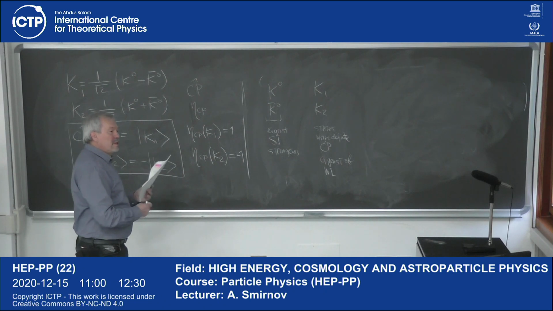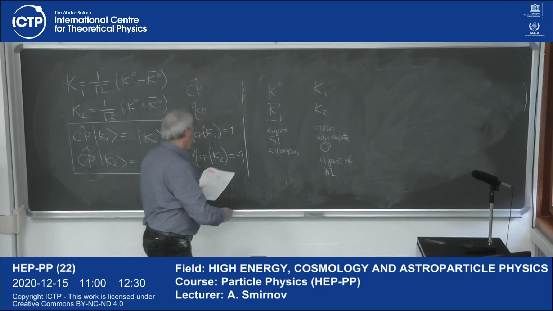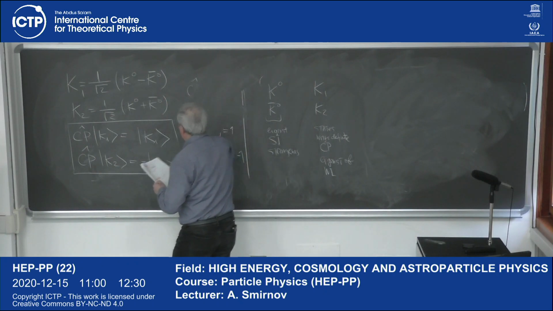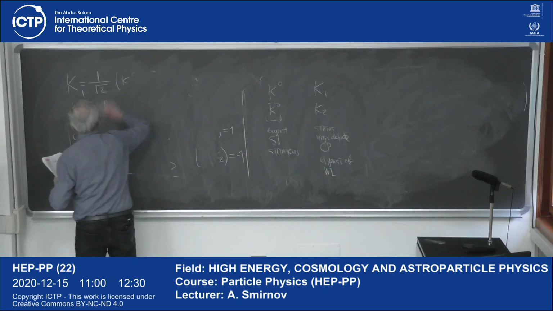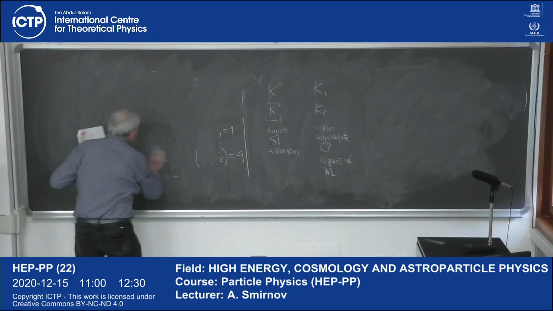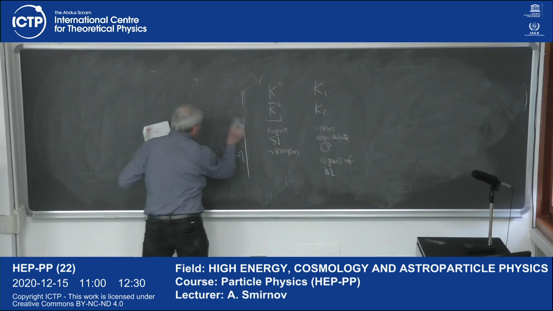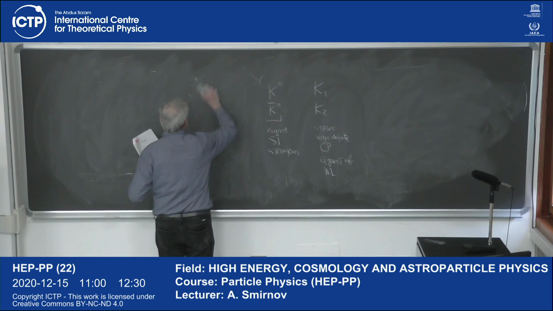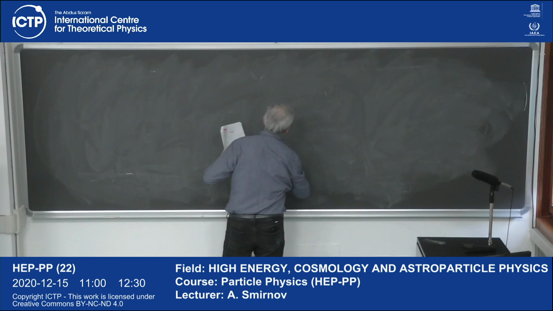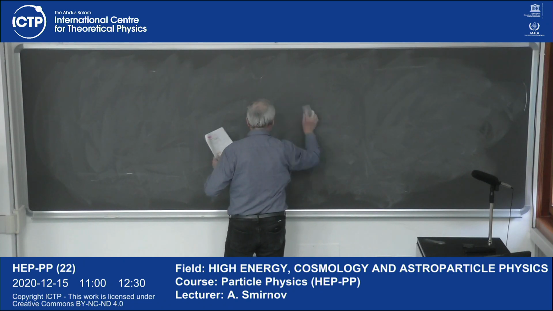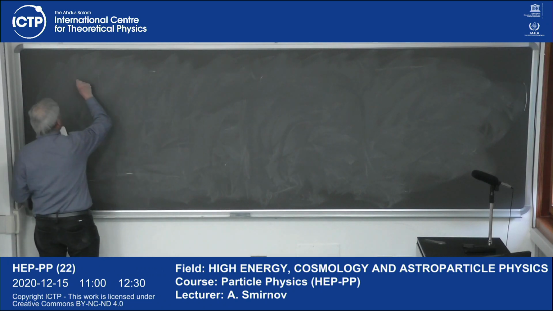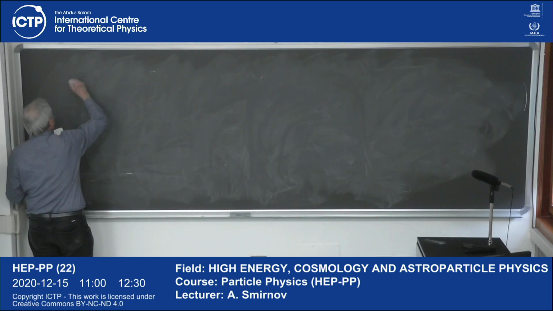Now let us explore the decays of K mesons. K mesons can decay in general into 2 pions or 3 pions. We already met this. Now let us consider the system of 2 pions. Okay, let me write it.